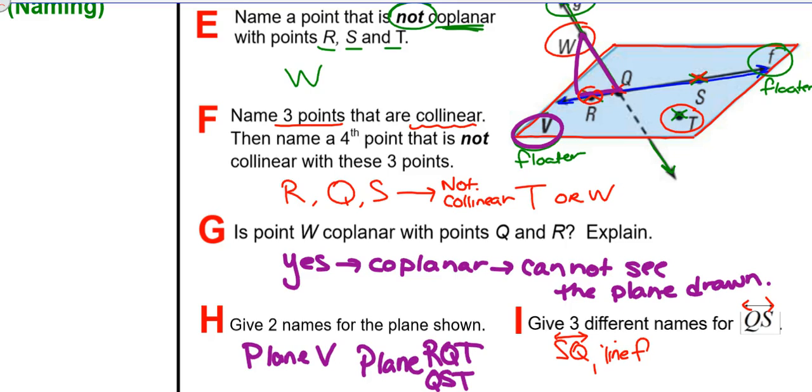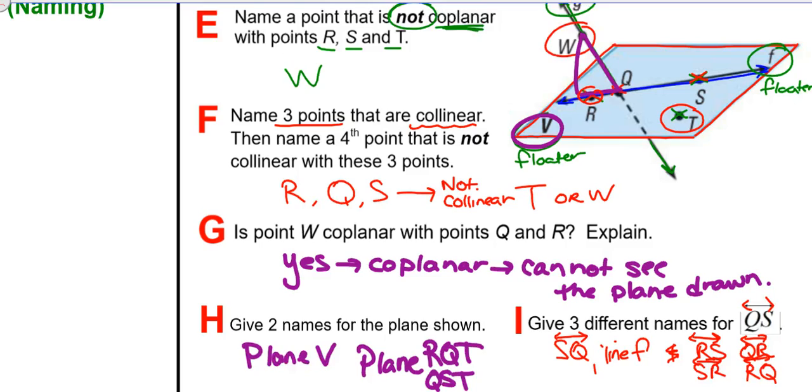Notice that R is on there. We could call it RS or SR or QR or RQ. Those are all different possible names for that line.